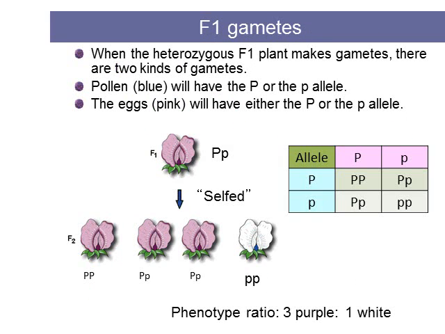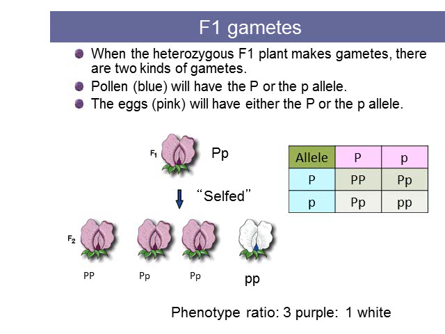All right. So then we take this F1, which has big P, little p as its genotype. It's purple looking, but it has a genotype of big P, little p.